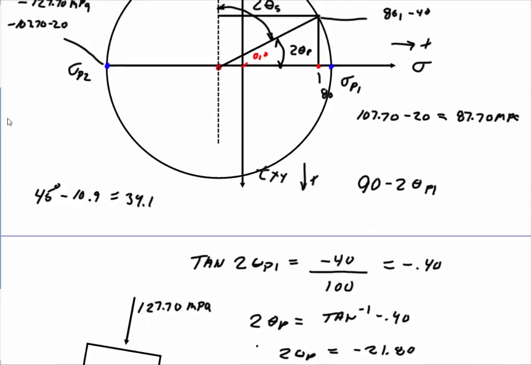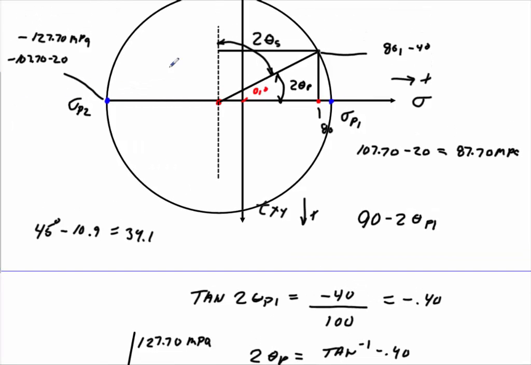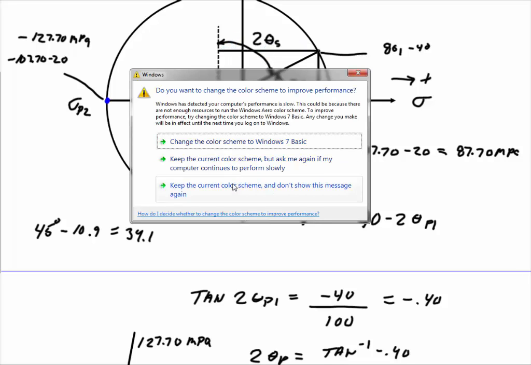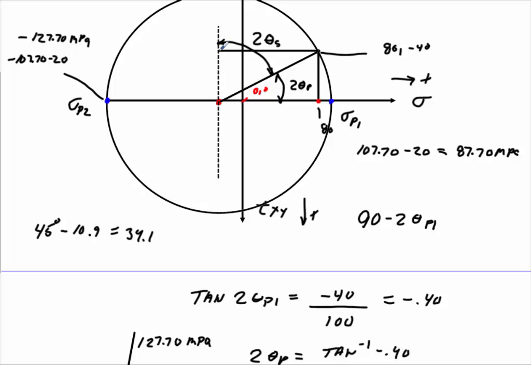Now the other thing you could do would be to do the inverse tangent of this. The inverse tangent of this would be this distance here, which we said last time was going to be 100.